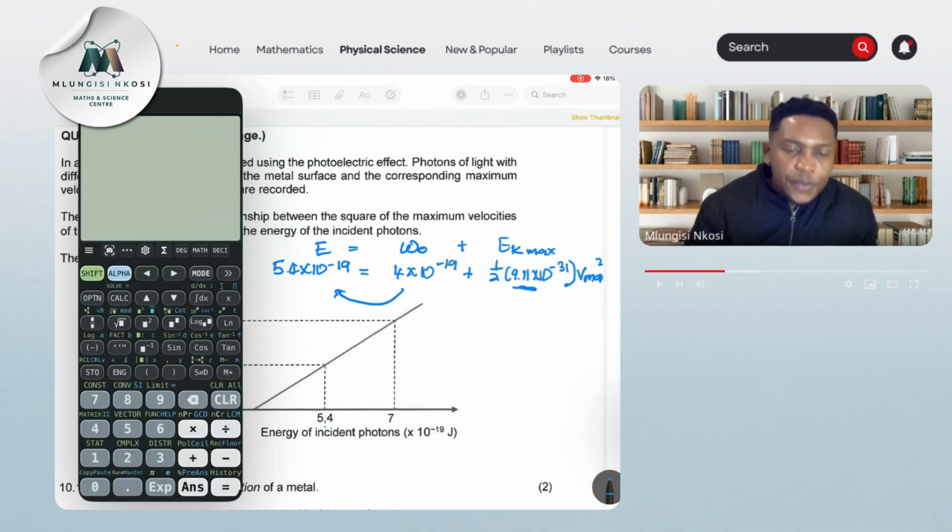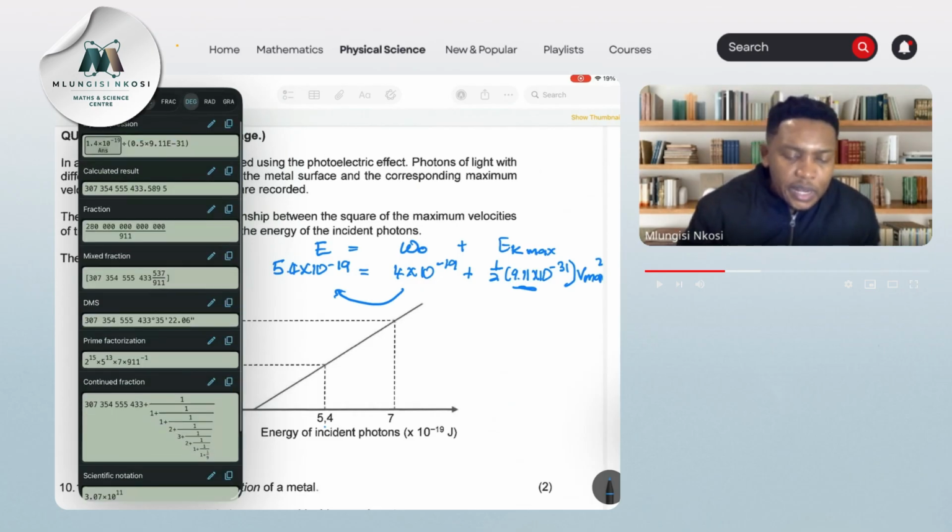Going to say 5.4 exponent minus 19 minus 4 minus 19. I get a difference between the two, and I divide by 0.5 times 9.11 exponent minus 31. Right, so we get that value over there.